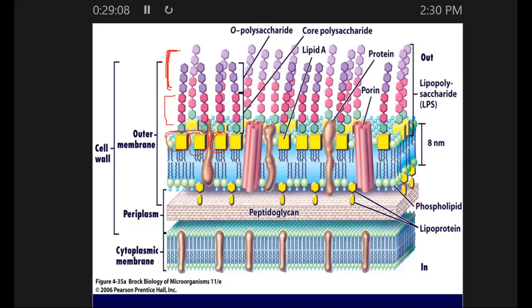And it's really the lipid A. If this cell breaks open, lyses, and that lipid A gets free, so our body can come into contact with it, our immune system tends to really go wild. And if it's a big enough all at once release of lipid A, you can go into septic shock and die.